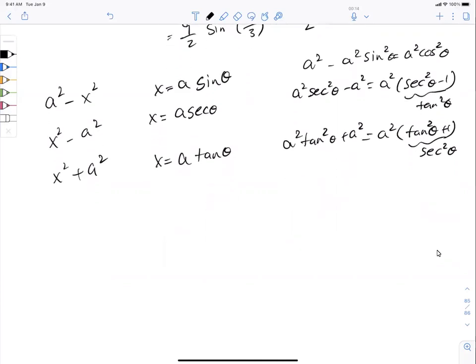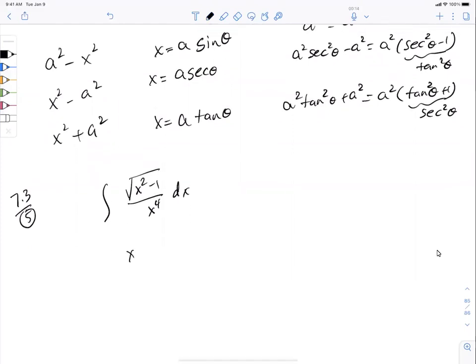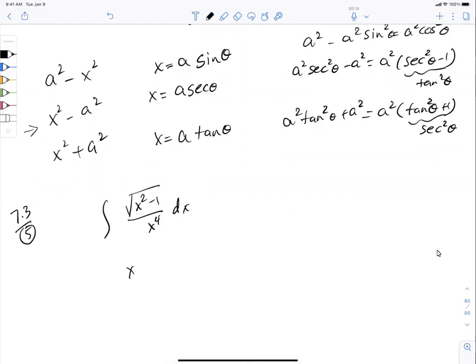So this is actually number 5 of your problem set, page 7.3, number 5. This one is the integral of the square root of x squared minus 1 over x to the 4 dx. I'm going to let x be, remember we're doing this one now, a secant theta, which in this case, with a equal to 1, is secant theta. dx is secant theta tangent theta d theta, just a differential there.